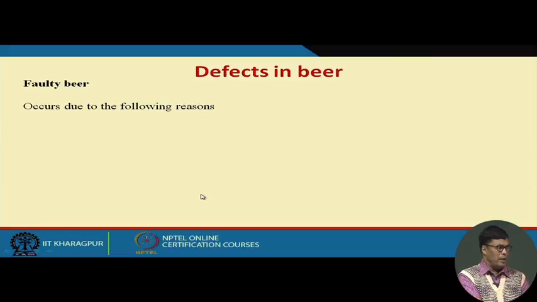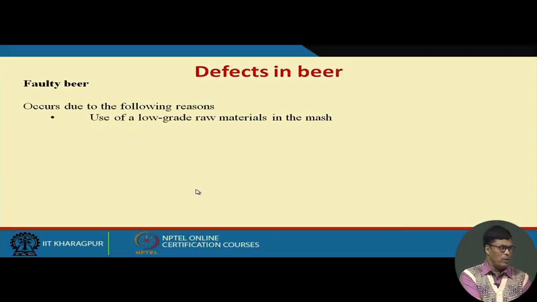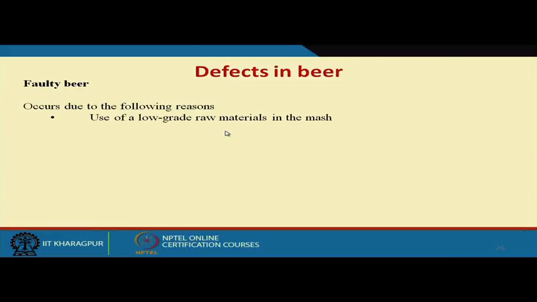But another very important defect of the beer is faulty beer. This is due to the use of low grade raw materials in the mash. If the quality of the raw materials is very low, particularly if the quality of the barley grains is poor, then there is the possibility of these defects in beer.